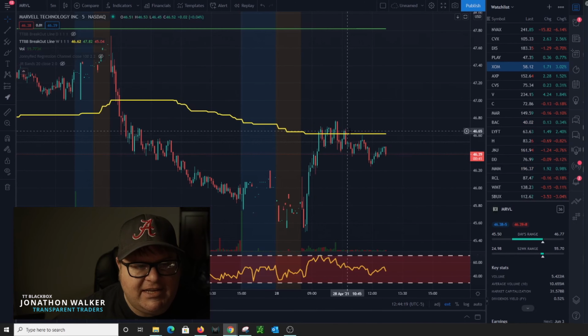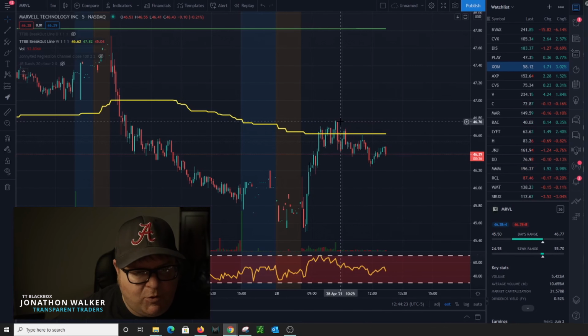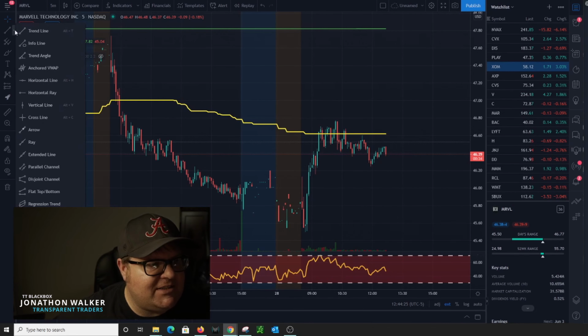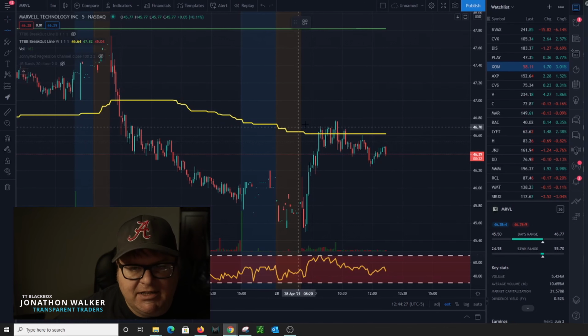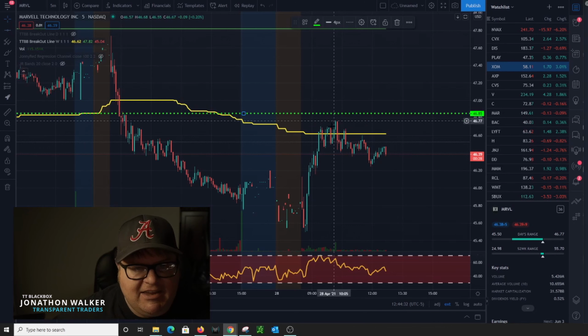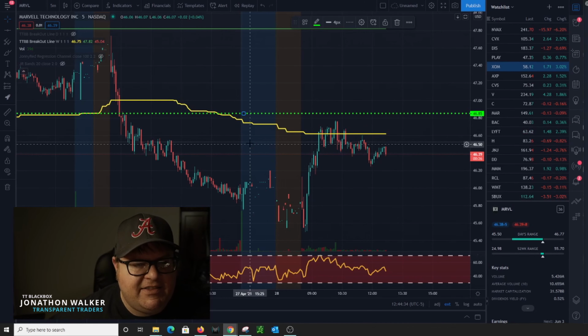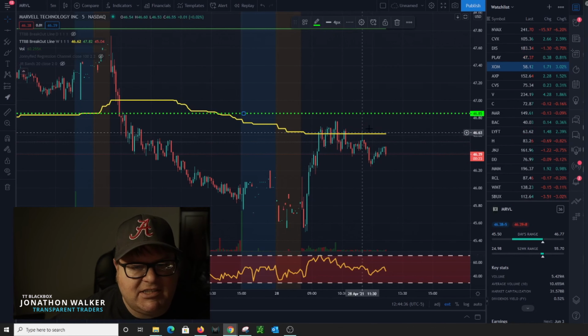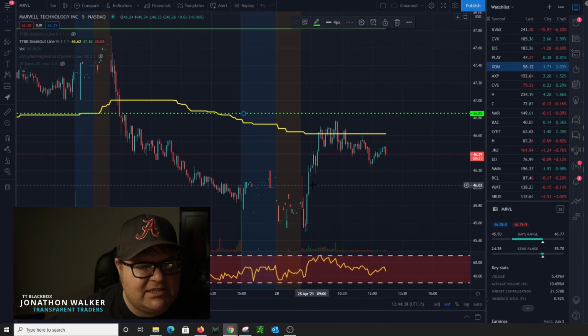I'm looking at how the day's trading right here, and I see that it struggled at 46.75. So I'm going to give myself a little bit of room. I'm going to come in here at 46.85, and that's going to be my alert. I want to see this break above 46.85 before I enter this trade.